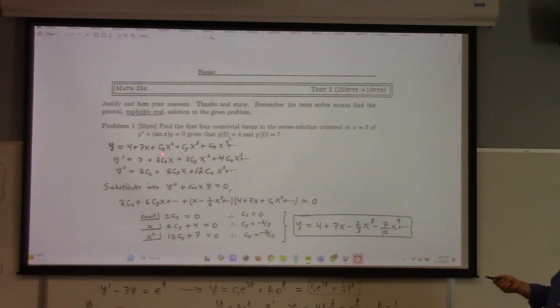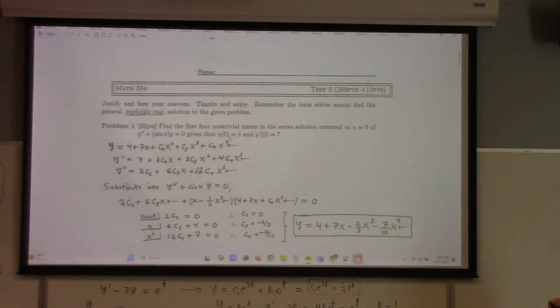Okay, so then I differentiate it again, and then I'm looking for the arbitrary terms. I plug it in, and then I simply equate coefficients of the constant terms, the linear terms, the quadratic terms. So at constant level, I've got 2c2 equal to 0. At which point I was like, oh, drat, because I asked for 4 non-zero answers. So at this point I had to go back in the solution and add a term here and here and here, full disclosure.